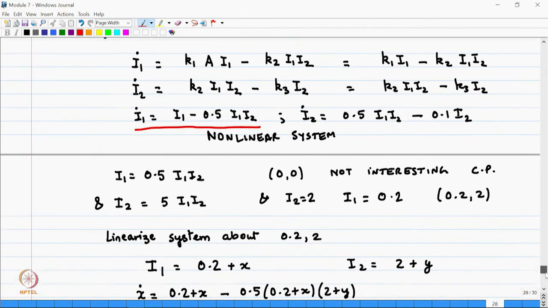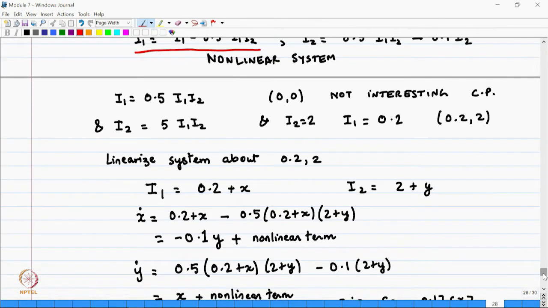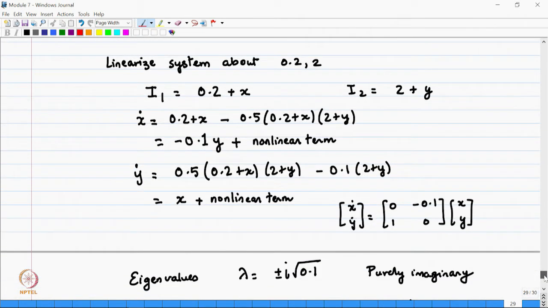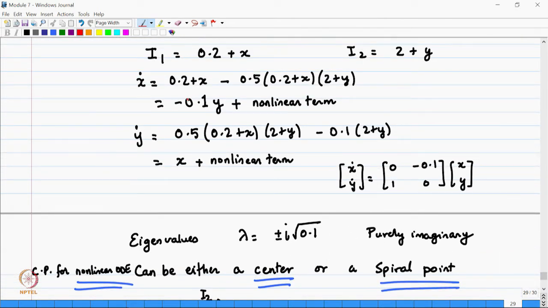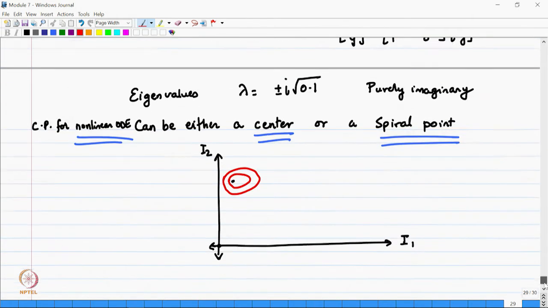And okay, if you go around the critical point, so if you look at the linear system, then you have x dot equal to minus 0.1 y. So in this case if y is greater than 0, the rate of change of x is negative around this point. So for y in this region, you have trajectories like this. Okay. It could also be a spiral.